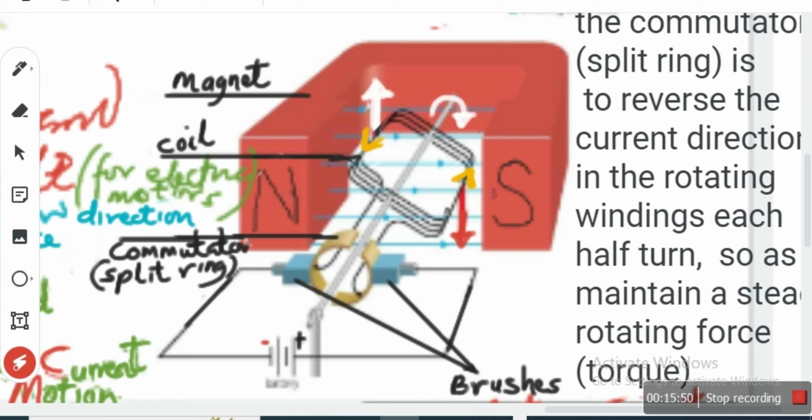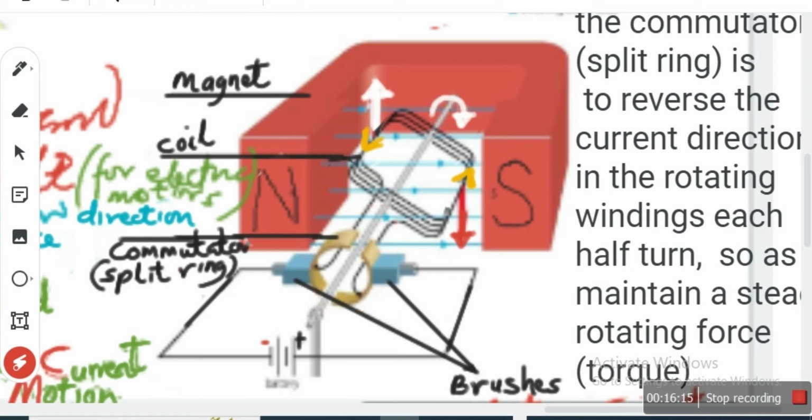All you need is for current to flow through a wire, a solenoid that finds itself inside a magnetic field. One side of the solenoid will be pushed up, the other side will be pushed down, and then to maintain a continuous rotation, you need this carbon brush, this commutator.